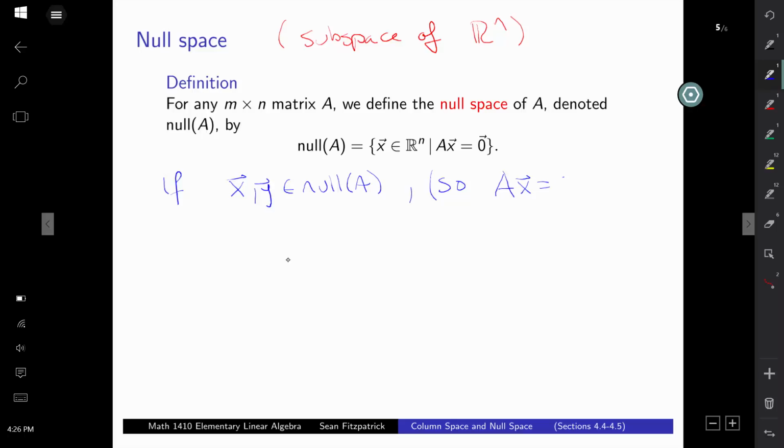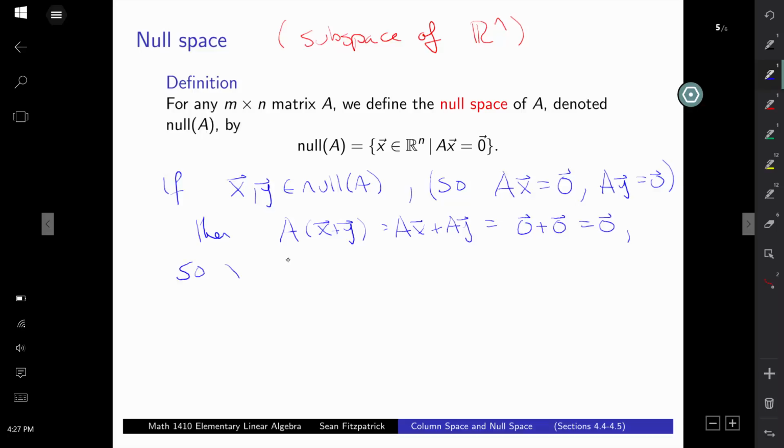That means that A times x equals 0, A times y equals 0, then A times (x plus y) is Ax plus Ay, which is 0 plus 0, which is 0. And so that tells me that x plus y is in the null space.